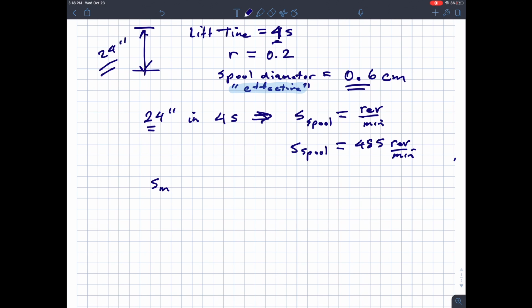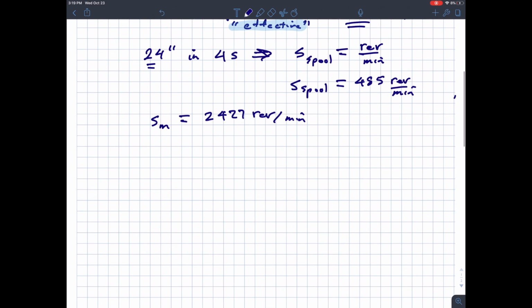All the efficiency losses are with the torque associated with the gearbox. Okay, so if I had a gear ratio of 0.2, if I take this 485 and I divide by 0.2, I get the speed of the motor to be 2,427 revolutions per minute.